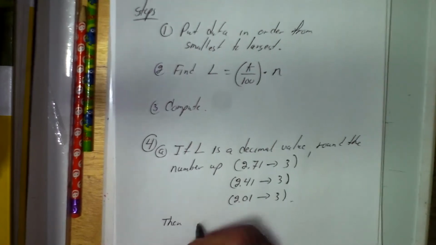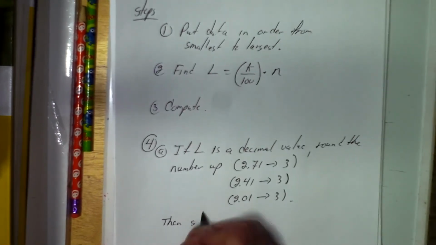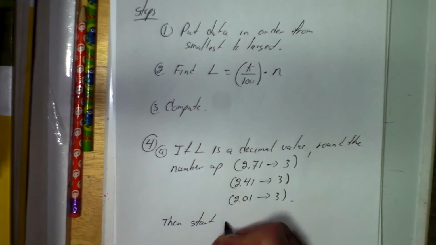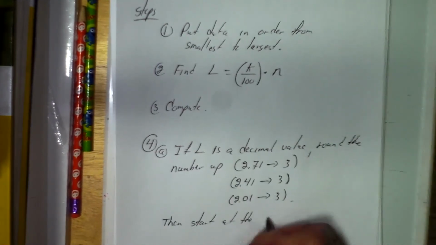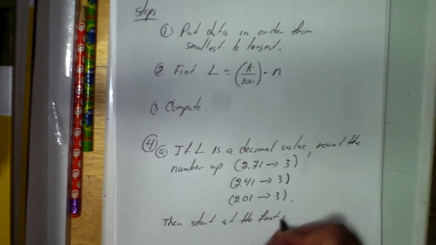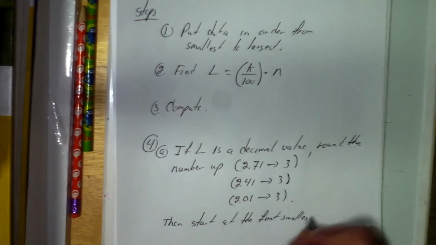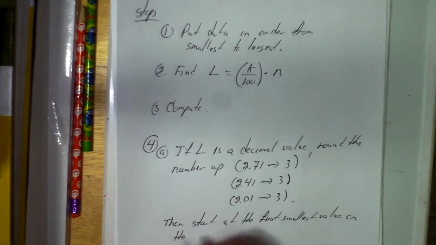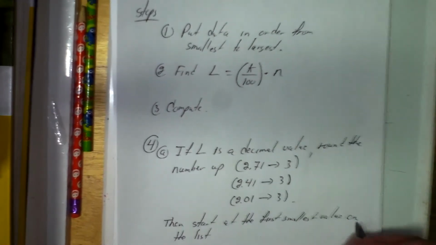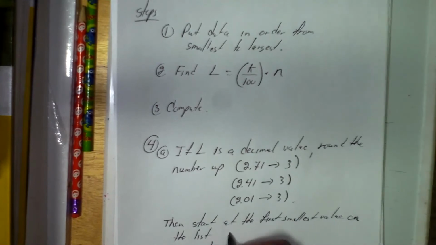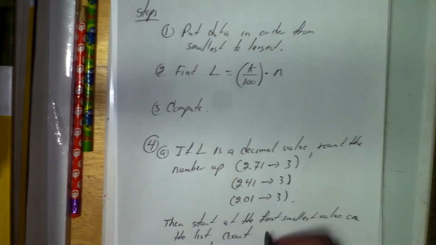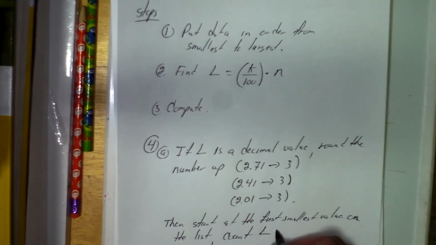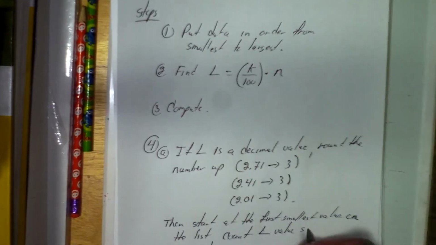Then start at the first smallest value on the list. Count L value spaces.